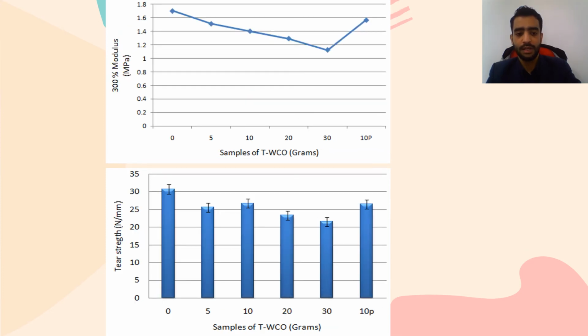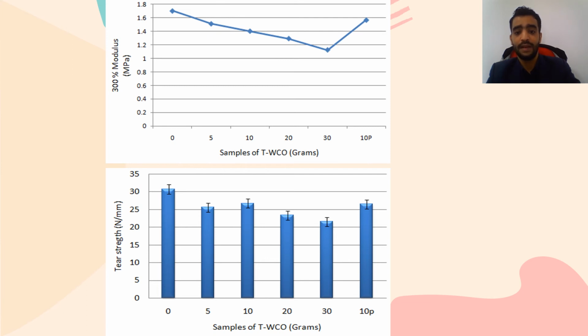And this picture showing the Young's modulus and 300% modulus. Transesterified cocoa oil at 0 gram shows the maximum value in Young's modulus, while the lowest value for Young's modulus is transesterified cocoa oil, which is 30 gram.